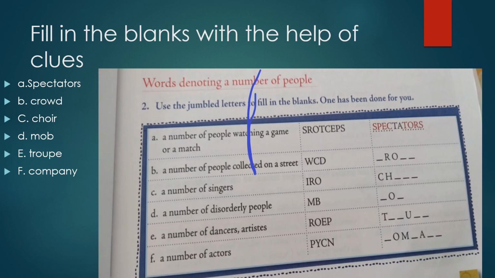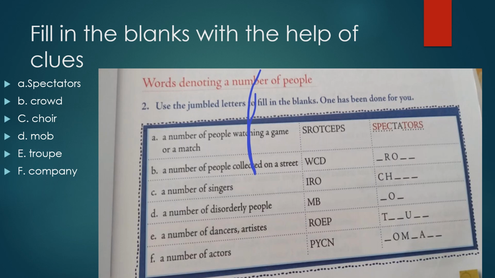Next is C. A number of singers, I-R-O, jumbled letters are also given. CHOIR, choir. A number of singers, choir. Come to D. A number of disorderly people. M and B is there. M and B. MOB, mob.